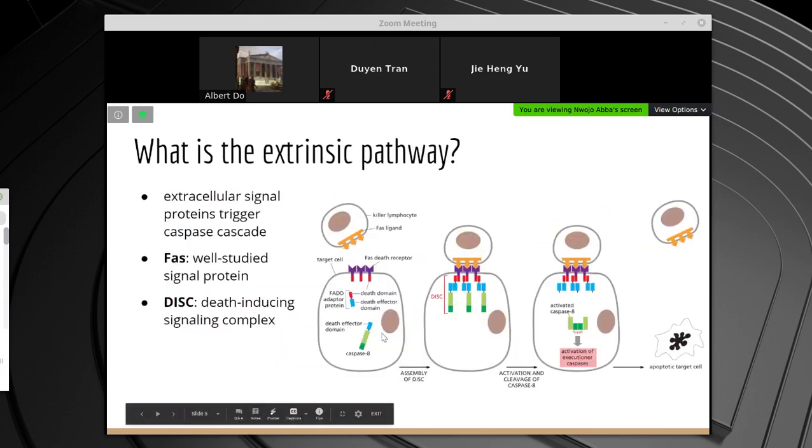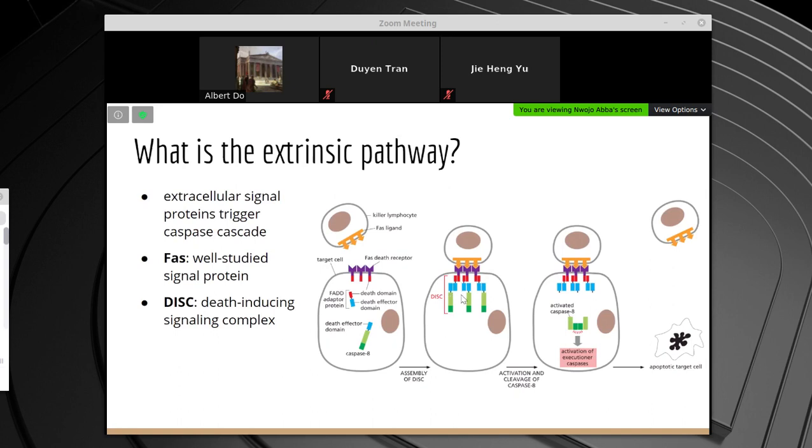And so the FAS ligand and the death receptor will combine, and this death receptor has three different domains. It has the ligand binding domain, the transmembrane domain, as well as the intracellular domain that is found within the cytosol of the target cell. Once they bind, it initiates a conformational change within the cytosol that forms this DISC, the death-inducing signaling complex.